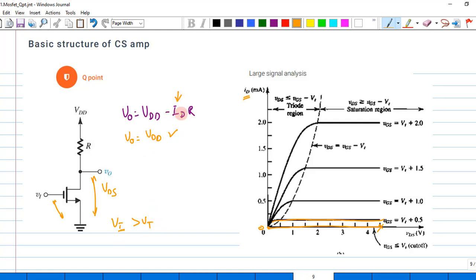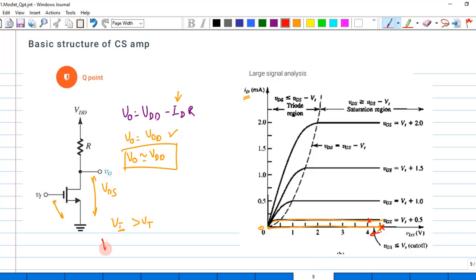When this quantity is quite small, the Vout that I would get for the new value of VI is slightly lower than the VDD that I was getting before. So I plot this value onto the VDS axis: from the previous value at VDD, I lowered it by a small quantity, and that would intersect this current graph at this particular point.